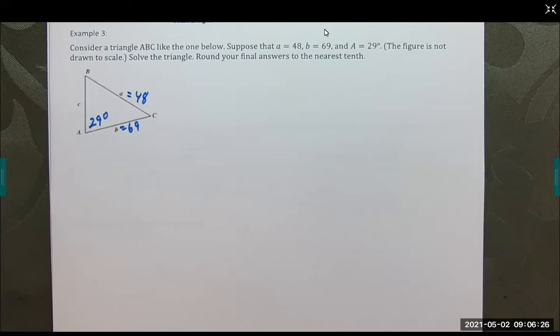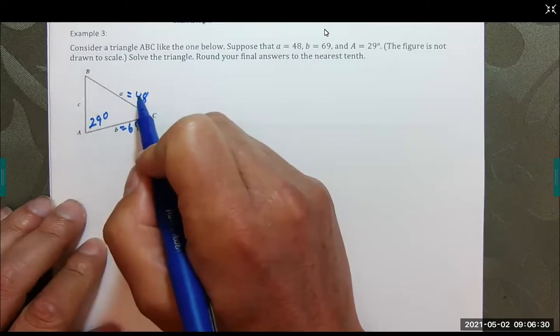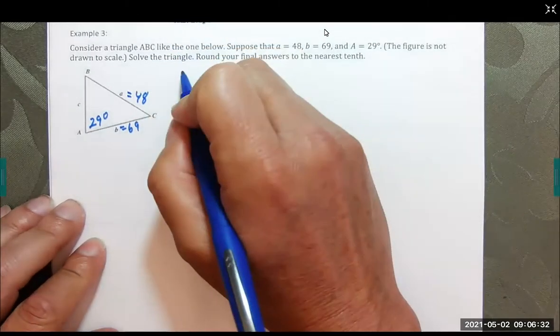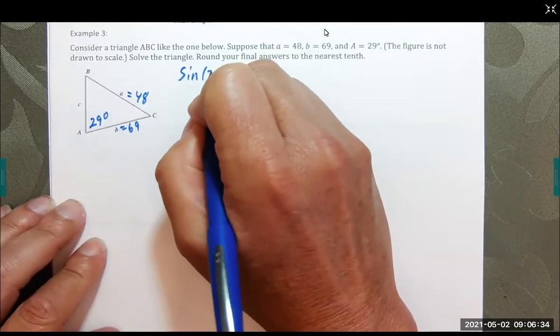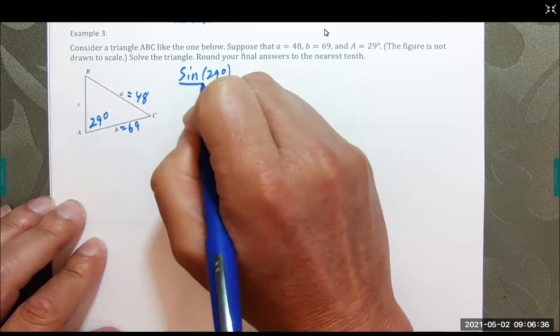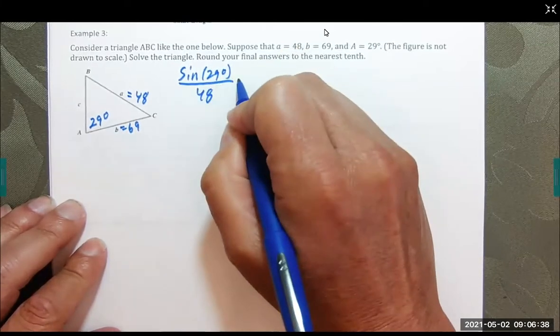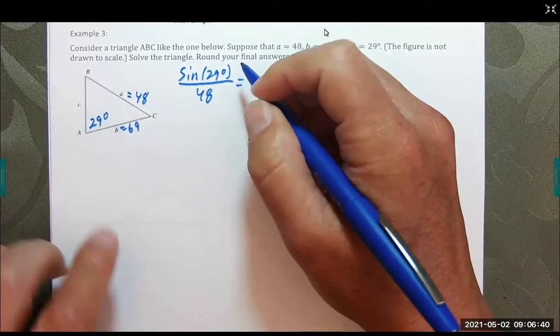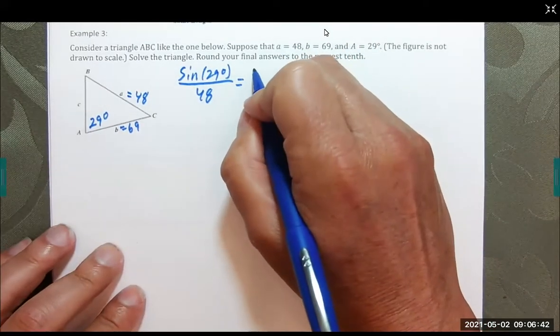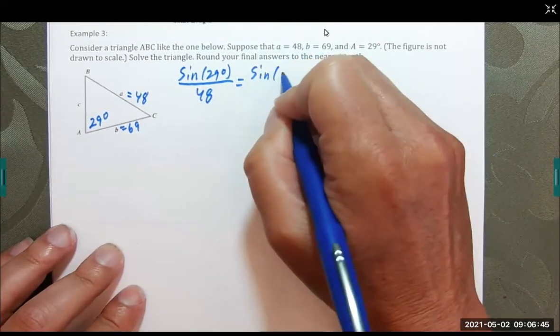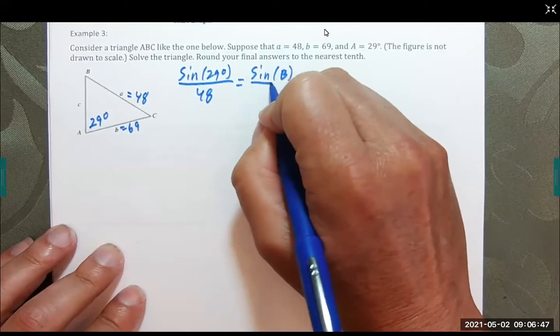All right. So I can see that I have an angle and its opposite side, so I'm going to use that. So the sine of 29 degrees over 48 is going to equal, and we're going to do B here, the sine of angle B over 69.